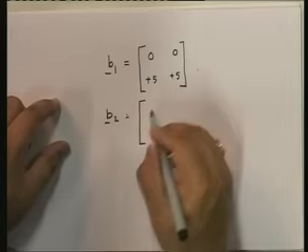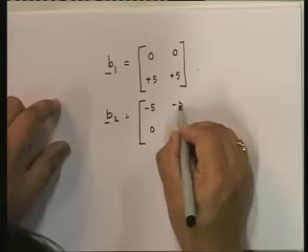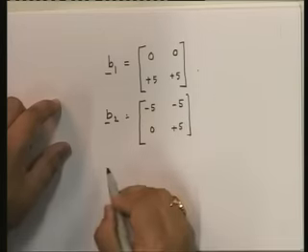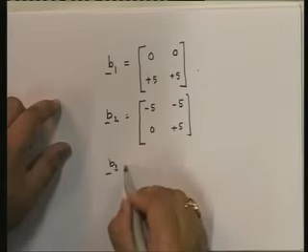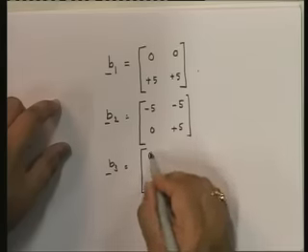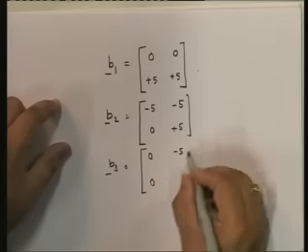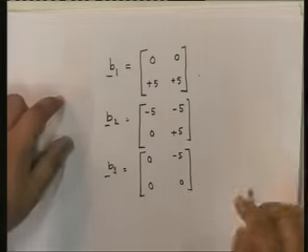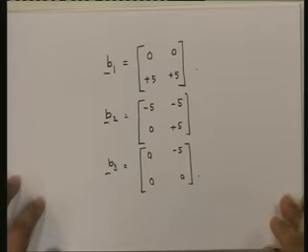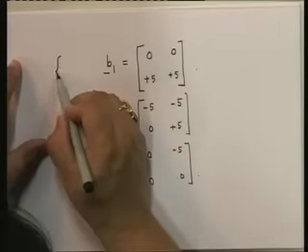Similarly, R1 equal to 1, R2 equal to 1, each column. B3, R1 equal to 1 and R2 equal to 0. Now here, for B1, what are the things?